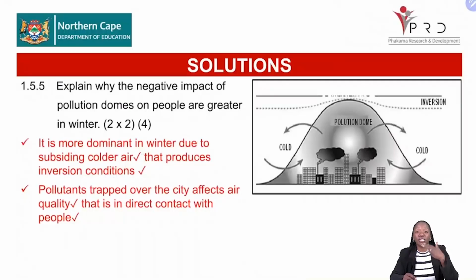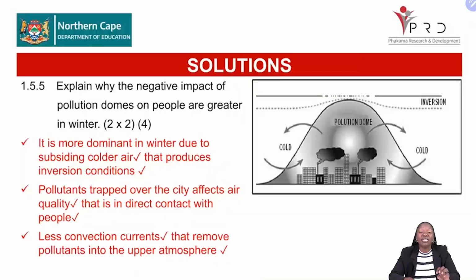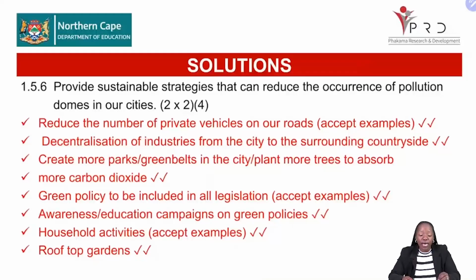Remember, the cold air is sinking, which means the pollutants, again, are going to be trapped inside the city. And that's in direct contact with the people. So if the pollutants are trapped within the city, now they are in direct contact with the people, then people will be affected. Then we're also looking at the fewer convection currents that remove the pollutants into the upper atmosphere.